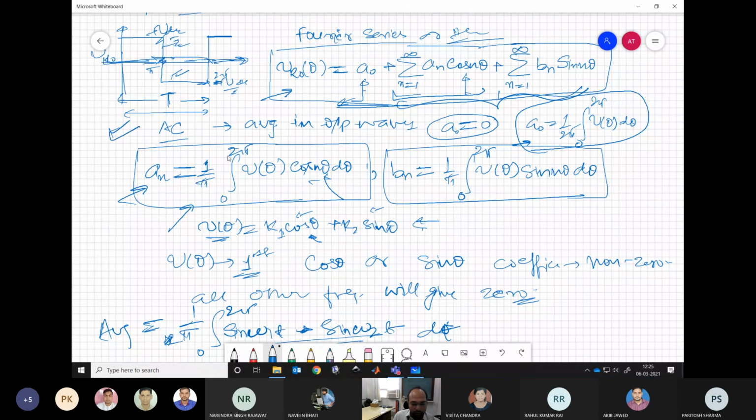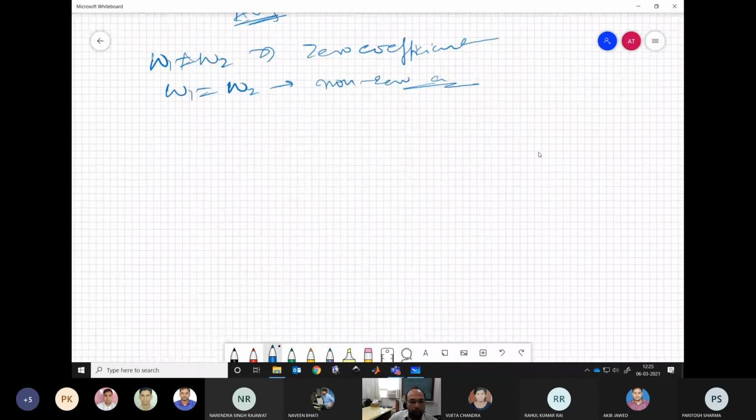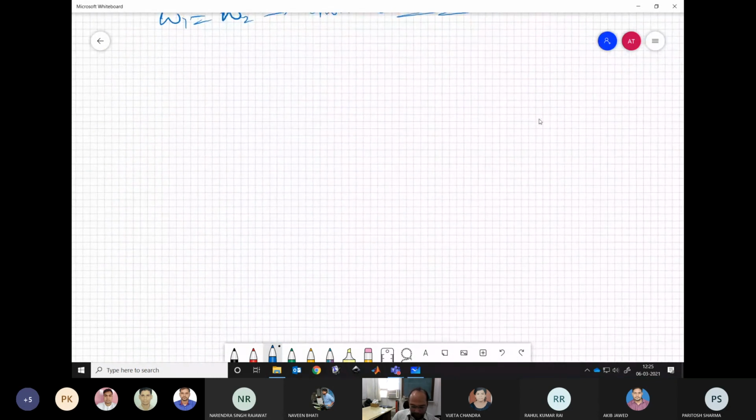So suppose I do the Fourier analysis for this 6-step waveform, what am I supposed to get?